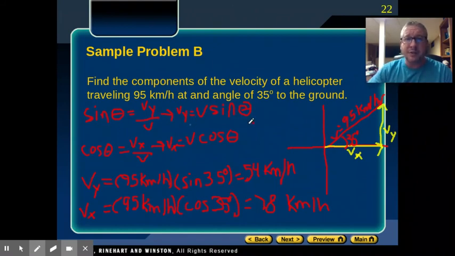I rearranged these to solve for the vertical and horizontal components using the appropriate sine and cosine to go along with them. And as I said before, depending on the motion of an object, there are chances that you could be changing these up. Again, you've just got to be real careful with them. It doesn't happen that often, so just don't worry about that.